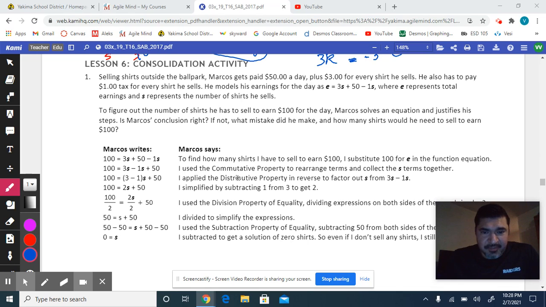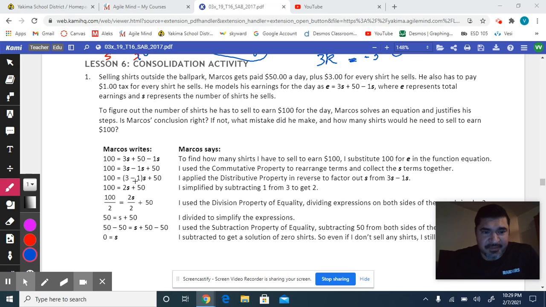I use the commutative property to rearrange terms and collect the S terms. Remember, for each shirt, he earns $3 and he has to pay $1 for taxes. So 3S minus 1S plus the $50 that he gets paid.